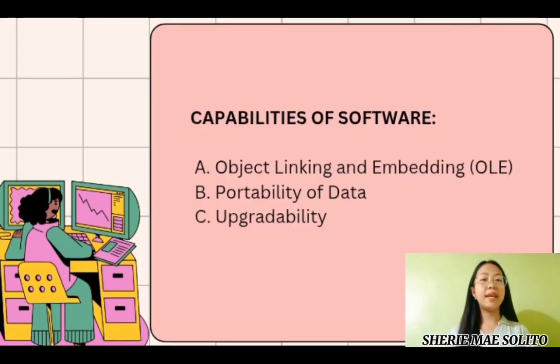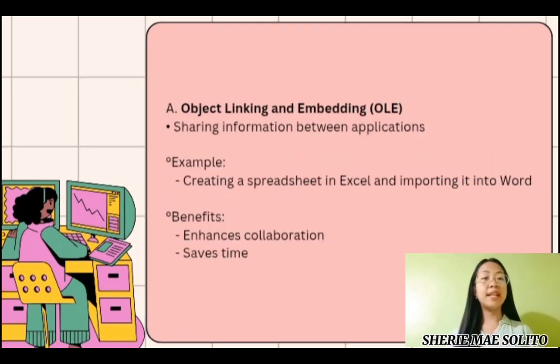The next topic is capabilities of software. A is object linking and embedding, or OLE. It allows information to be shared between applications. Example: a spreadsheet created in Excel can be imported into Word.